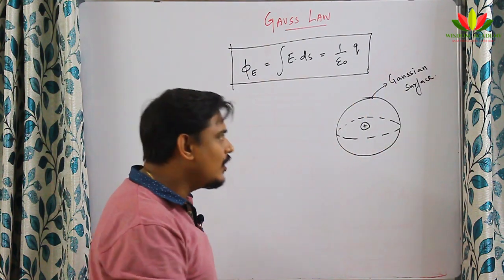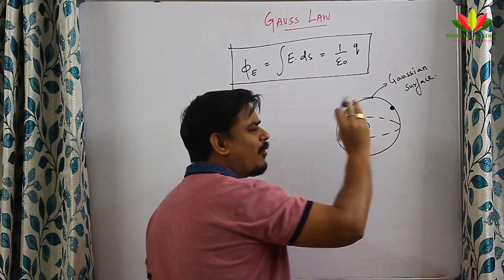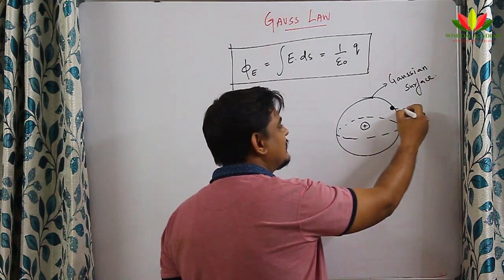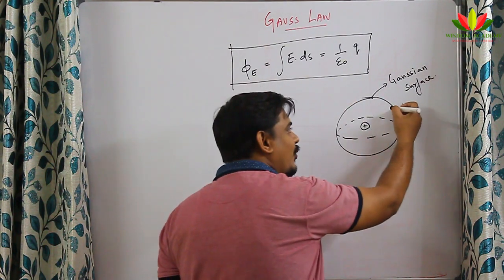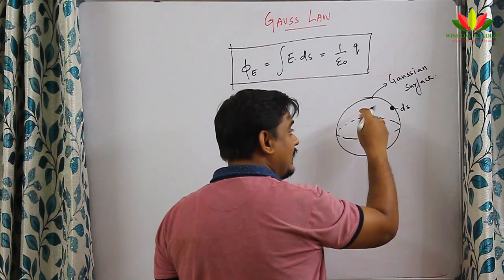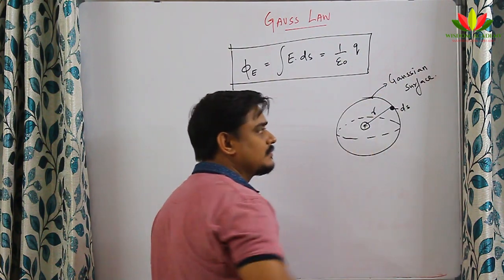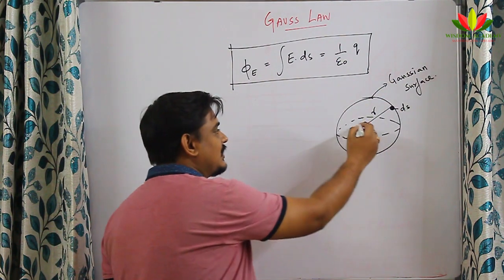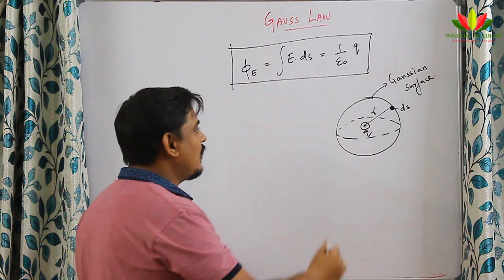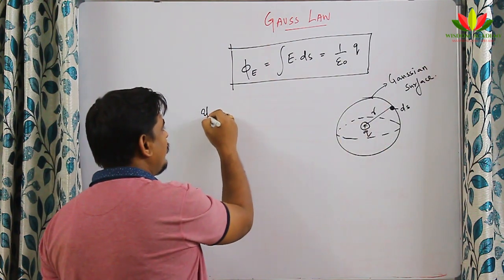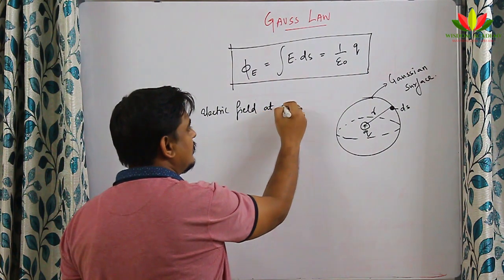Now, on this Gaussian surface, I will take any particular small area. Let me name this area as ds, small area ds, right? At this point ds, let me keep the charge at the center of this sphere and let the distance be r. This is a charge q, so by my knowledge of electric field, what will be the electric field at ds?